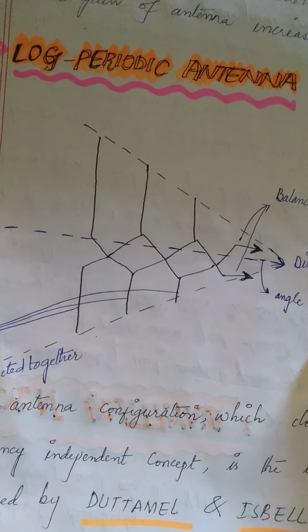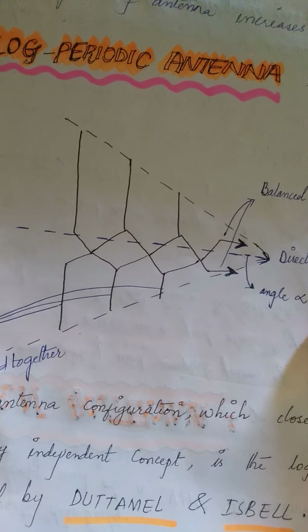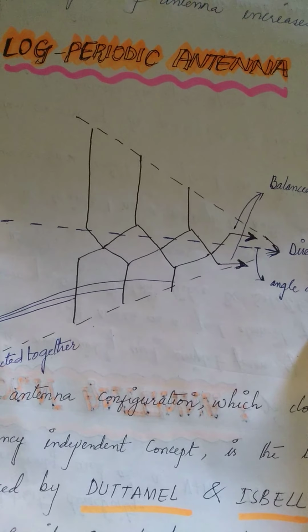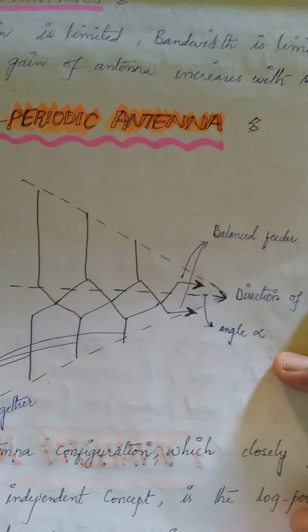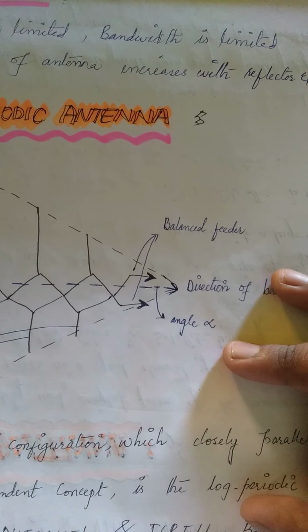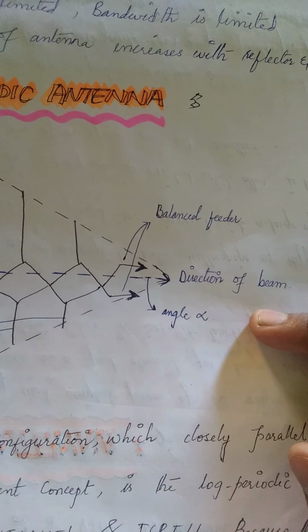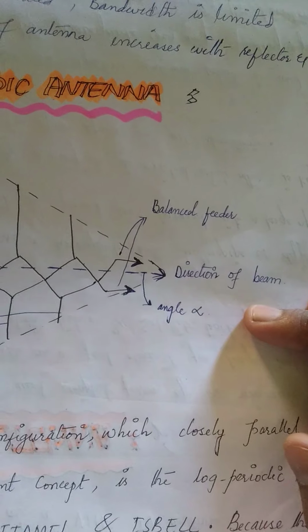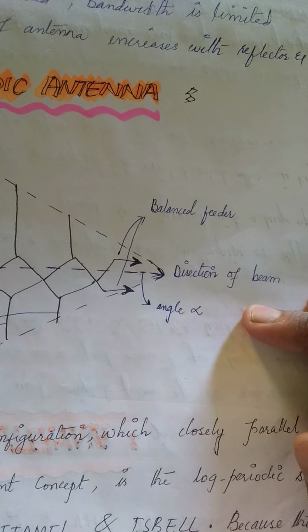So we discussed the log periodic antenna today, and I just want to briefly explain what we have understood. It has multiple elements and balanced feeder points, and it has a beam direction at angle alpha. It is independent of frequency and is used for very high frequency TV receptions.